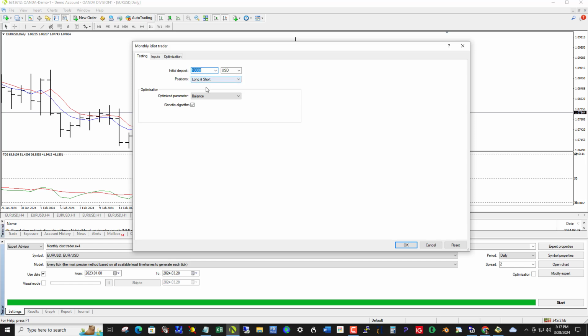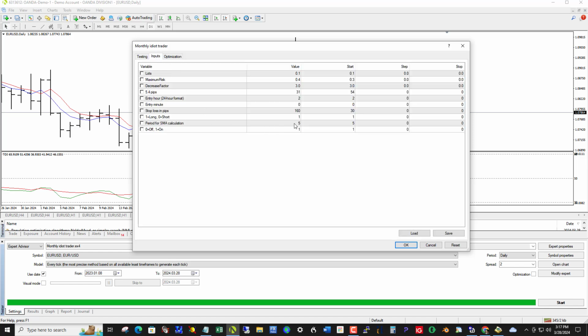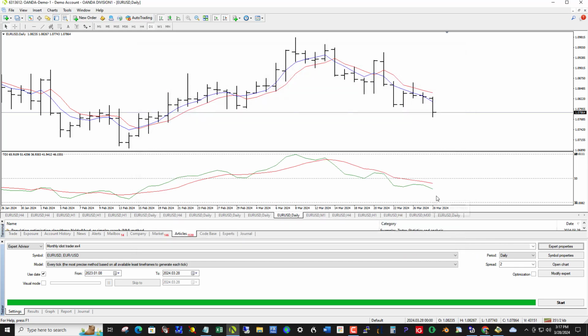Position long and short. Inputs, I asked just for long, because there's a tendency for, you could look into this as a strategy, if you enter long after the market has settled down. At 5 p.m. when the market opens, there isn't a whole lot of volume and spreads can be high, but things are quite settled down by 2 hours later.